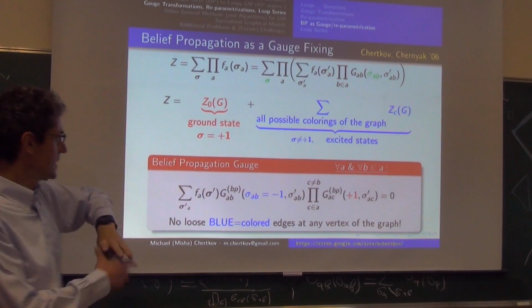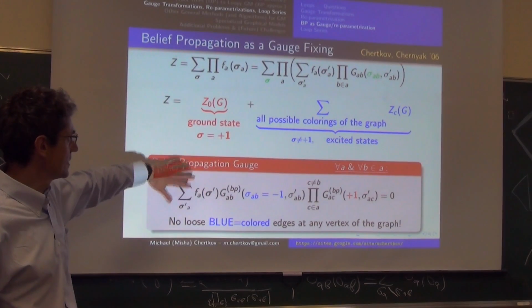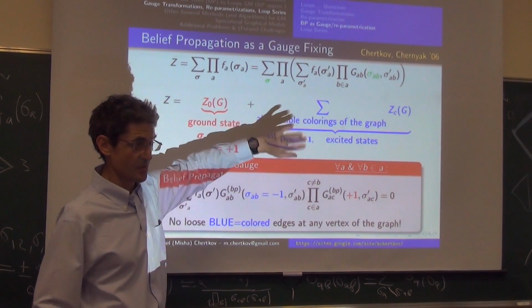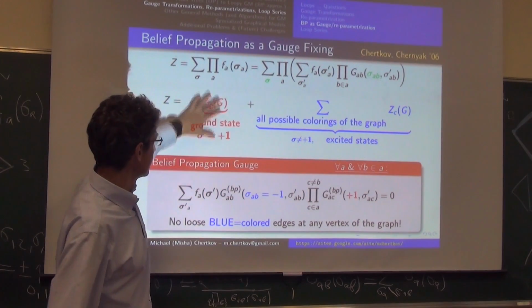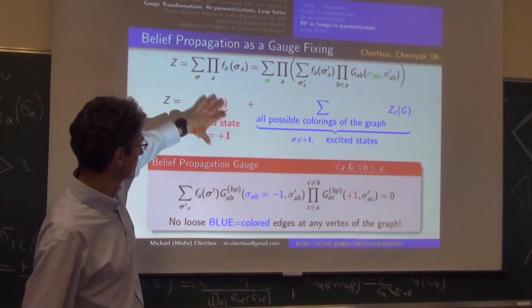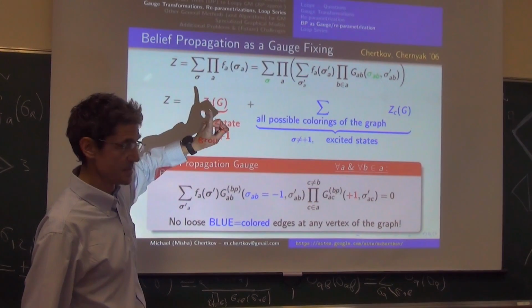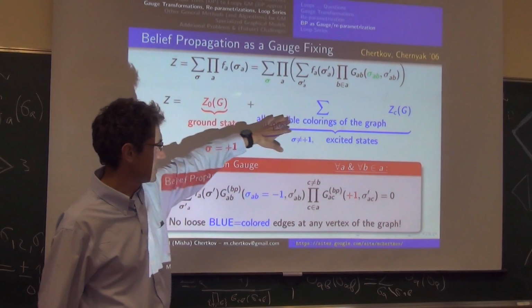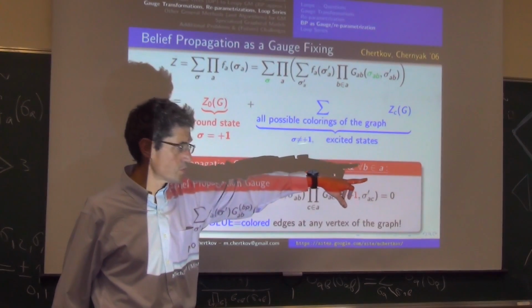If my graph is a tree, then enforcing those conditions kills all those terms, forces them to be zero, all of them. And in the case of a tree, my whole partition function is reduced to just one term. But in a general case, I have those loops remaining.